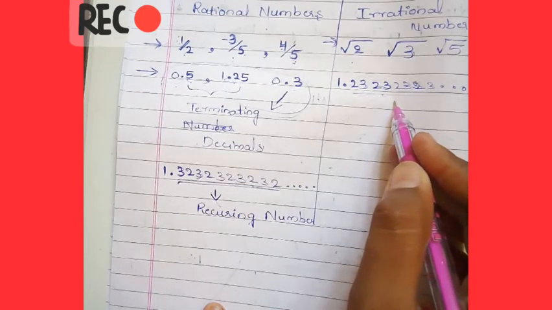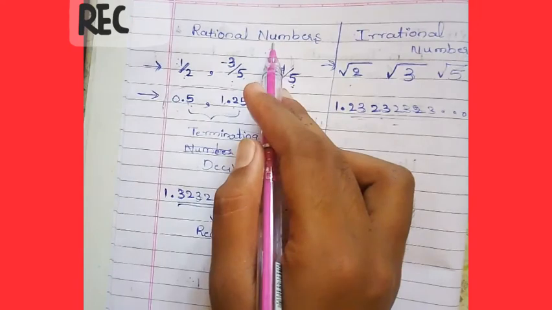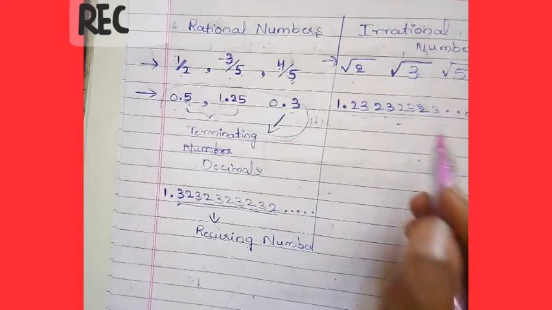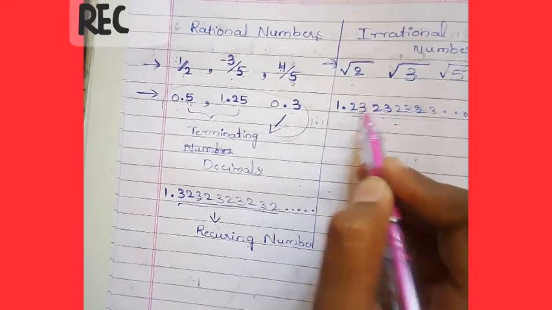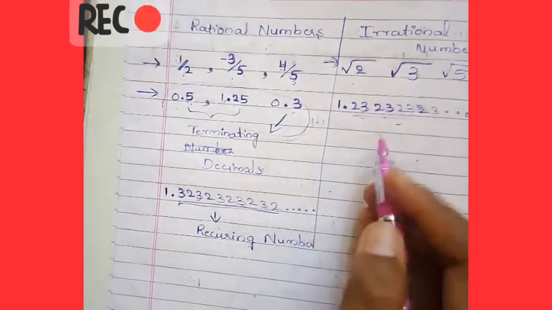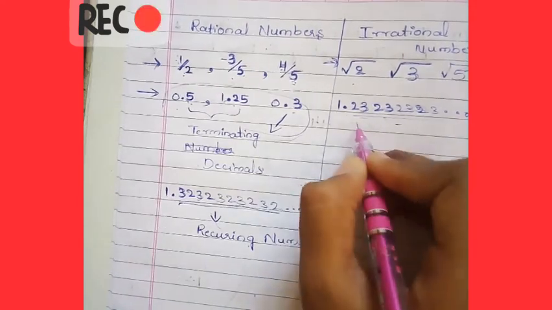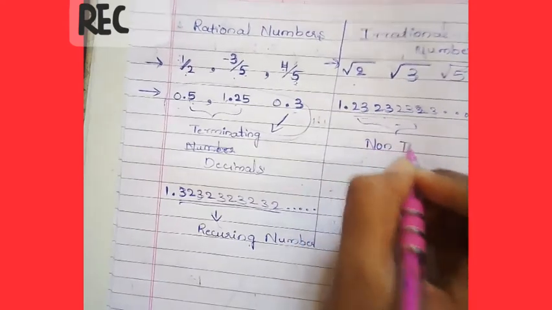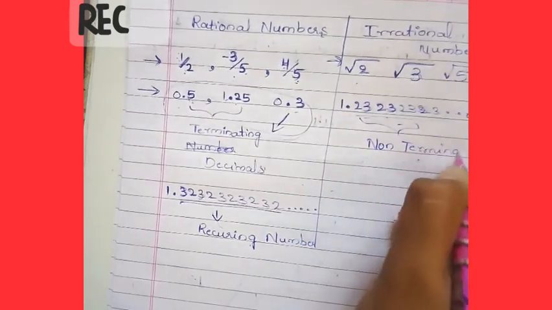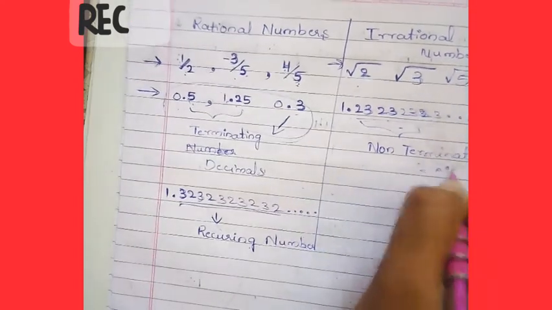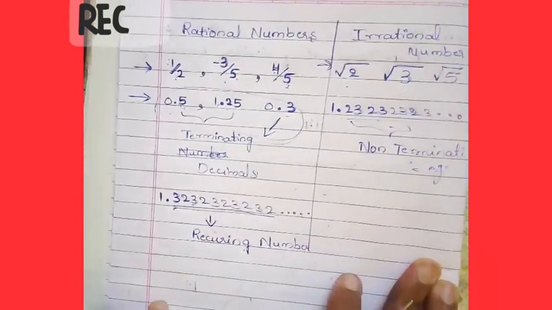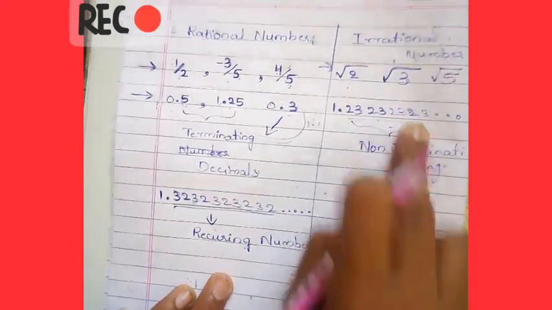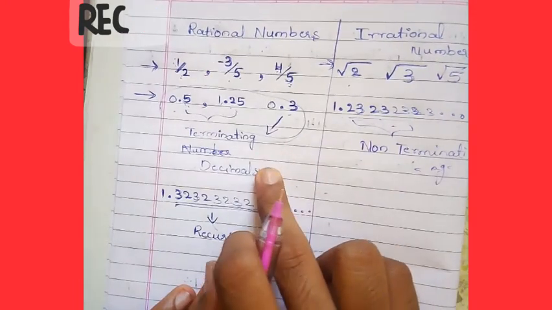So the recurring numbers are rational numbers, and these are also non-terminating decimals because these numbers don't have an end after the decimal point. That's why these are irrational numbers. These are non-terminating decimals, that's why these are irrational numbers. And these are recurring numbers, that's why these are also rational numbers.